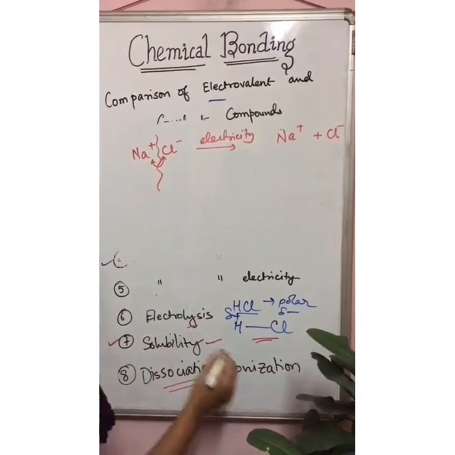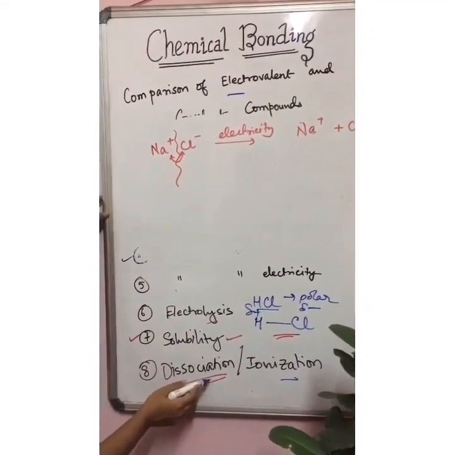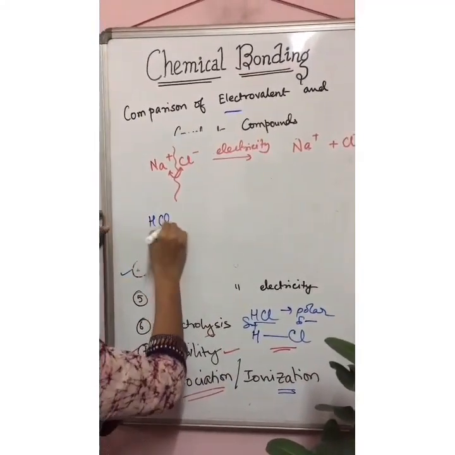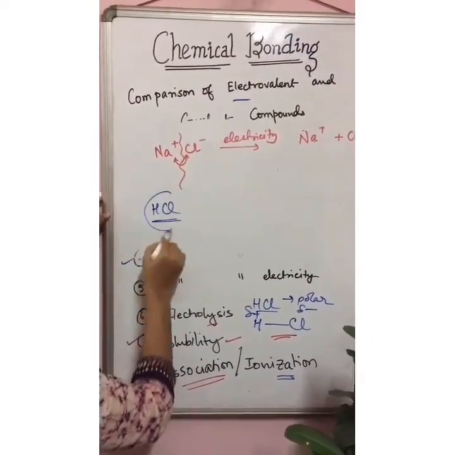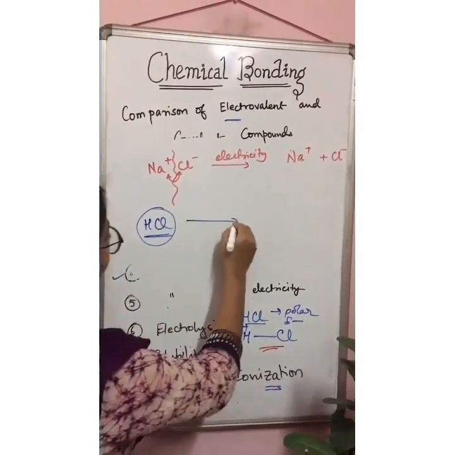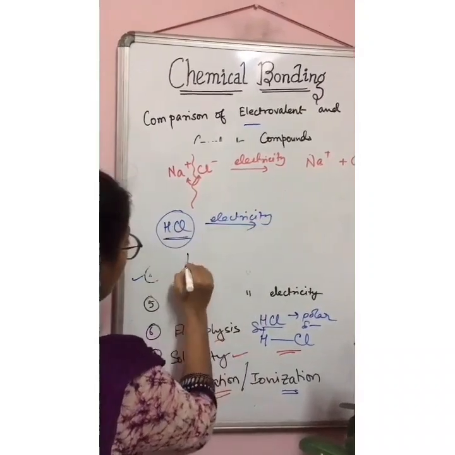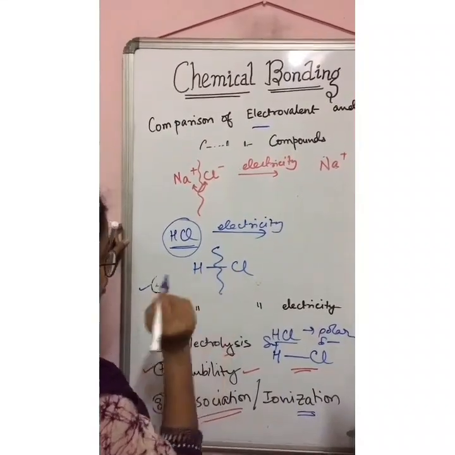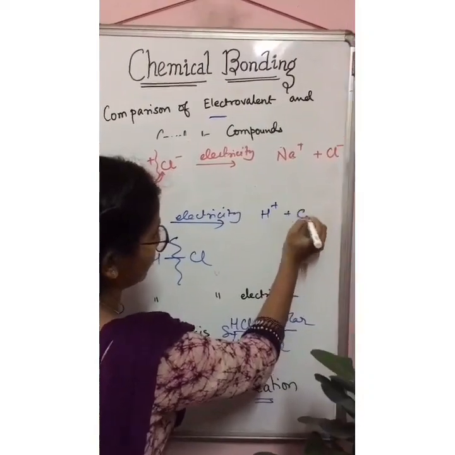The next point is ionization. Electrovalent compounds undergo dissociation; ionization is related to covalent compounds. Let us consider the HCl molecule. When it is present as an HCl molecule, there are no ions in it. But when you pass electricity, it breaks the bond between the H and Cl atoms to form H plus and Cl minus.